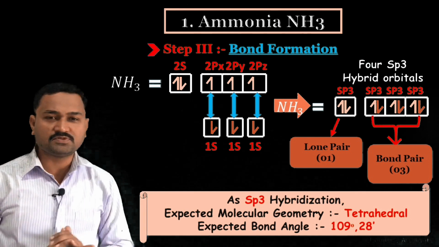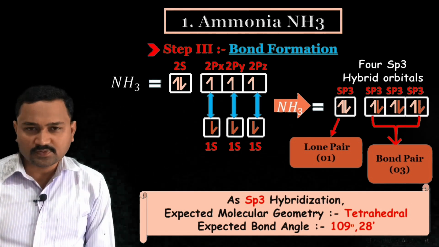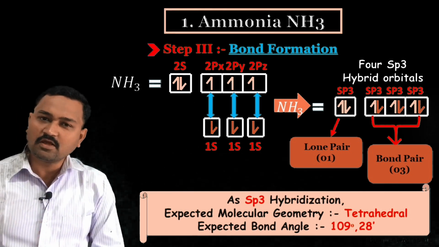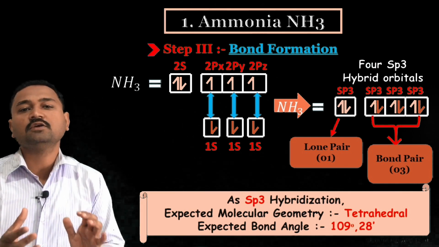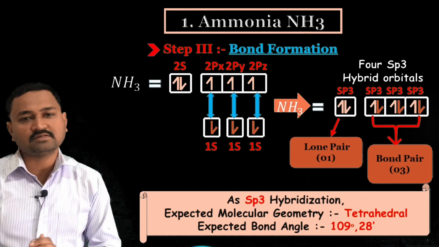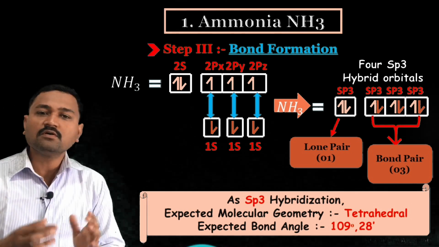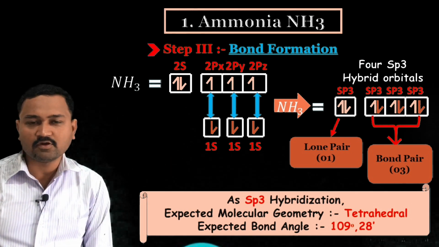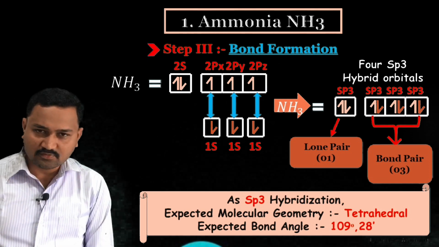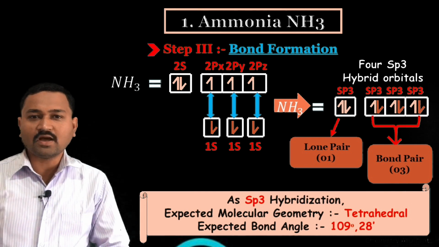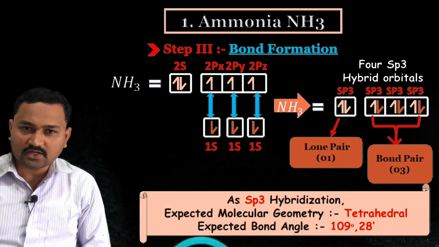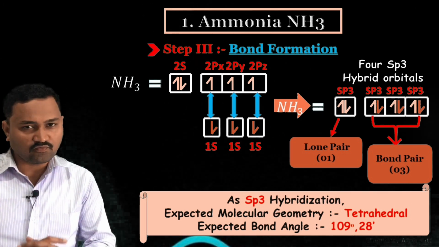Here you will observe that out of the 4 sp3 hybrid orbitals, 1 sp3 hybrid orbital contains a pair of electrons, which is the non-bonding pair, or it acts as a lone pair, while the remaining 3 sp3 hybrid orbitals overlap with the 1s atomic orbitals of 3 hydrogen atoms, forming the ammonia molecule. As a result, the nitrogen atom contains 3 bond pairs and 1 lone pair.